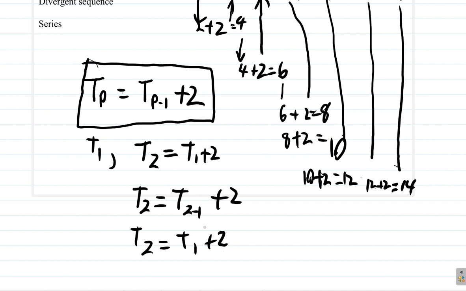Now, T3 would be T(3 minus 1), which would be T2. So the third term would be the second term plus 2. Right? And so on. You could go on and on with it. So that's our general rule.